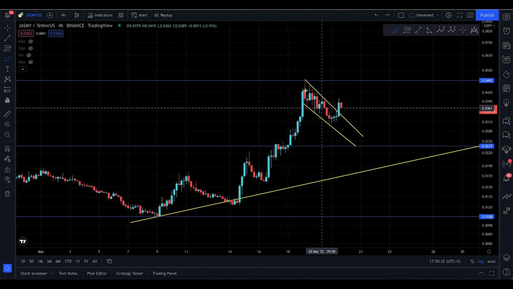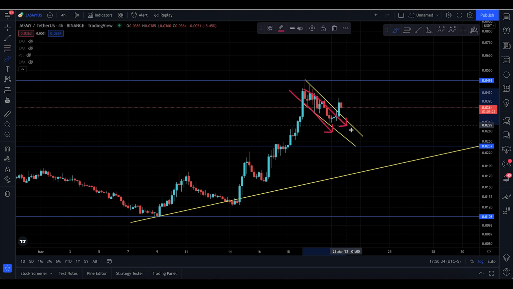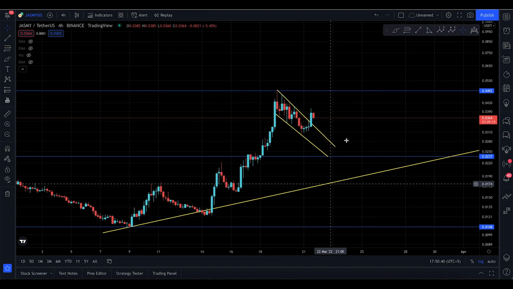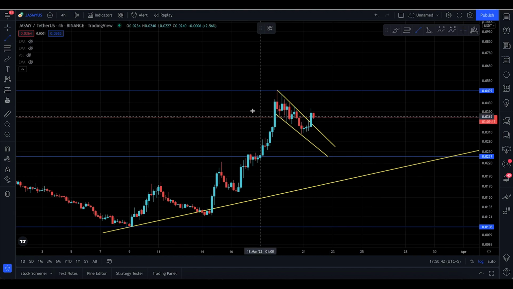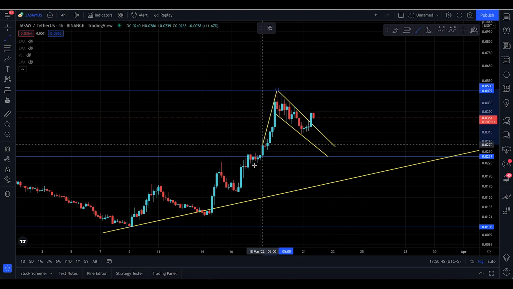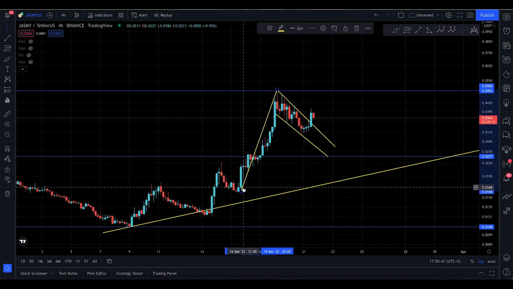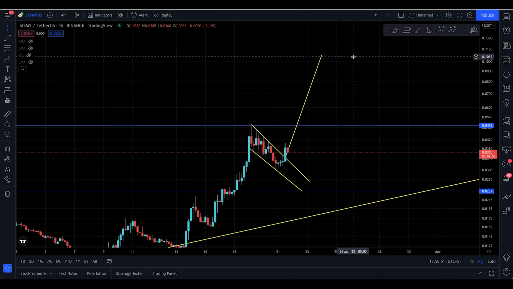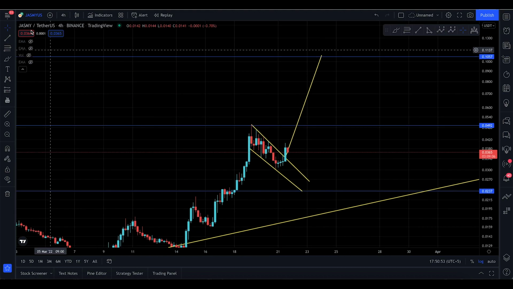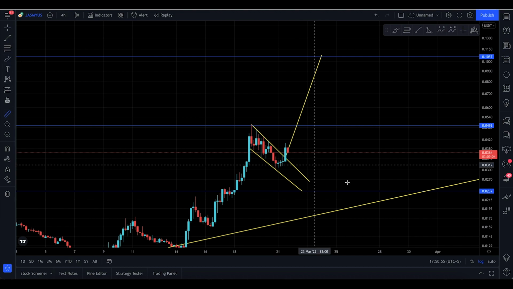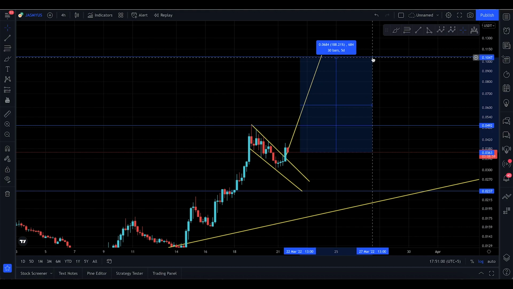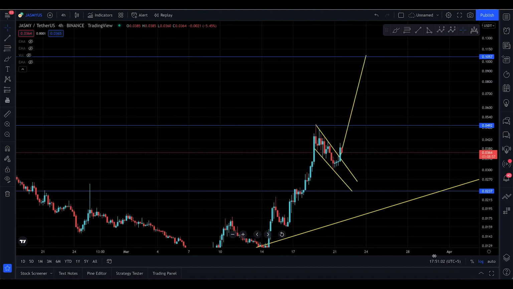But I do see that this is some sort of a bull flag. Do you see that? I think if you turn on the log scale, that's actually a bull flag. So what's the technical target of the bull flag? You take the top to the bottom right there, and this is where you're breaking out of the bull flag, and it seems like you're about to get to the 1 cent, I guess, and that's going to be a whopping rise of 188% towards the upside.